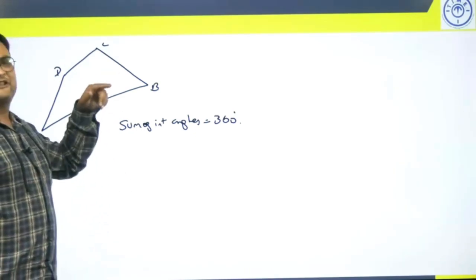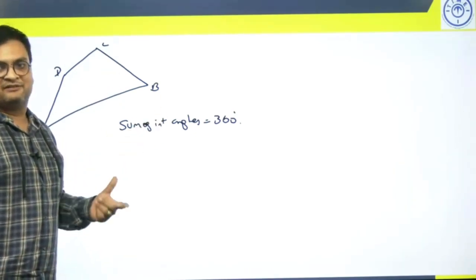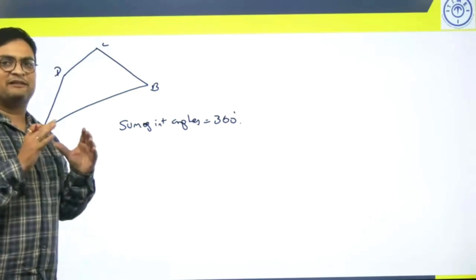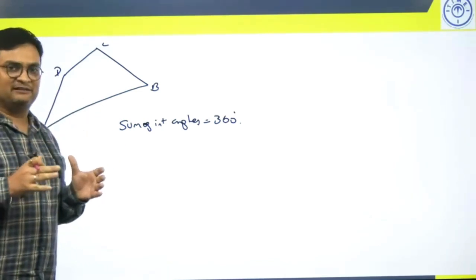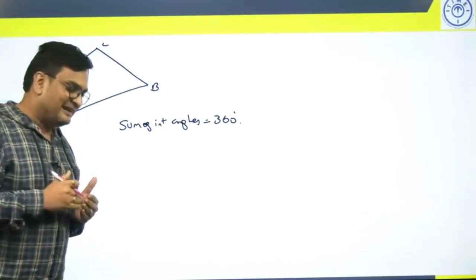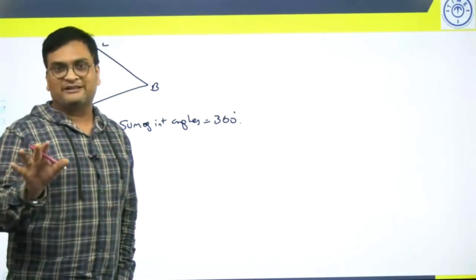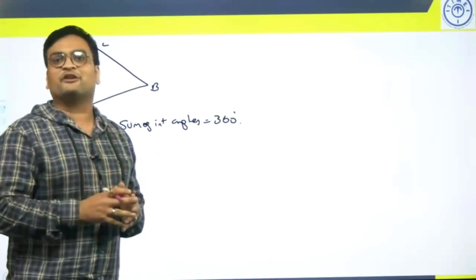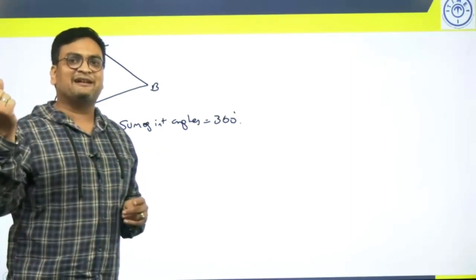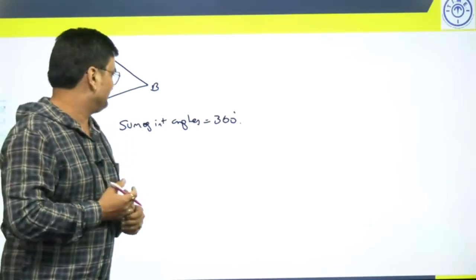Also the sum of exterior angles is also 360. So that means the quadrilateral is one kind of unique polygon wherein the sum of interior angles is equal to the sum of exterior angles. For no other polygon does this hold true, only in the case of a quadrilateral. The sum of interior angles is equal to the sum of exterior angles.